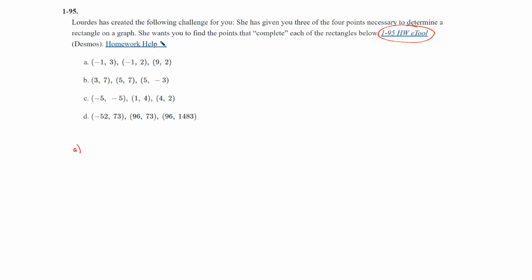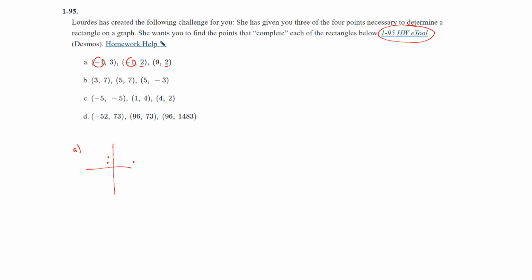On part A, I do notice a couple things before I get started. The Y values of the 2 points are 2, and then we have X values that are the same at -1. If I sketch the graph, and as I said, Desmos would already have this done for you, -1, 3 would be here, -1, 2, and then 9, 2 would be right here.